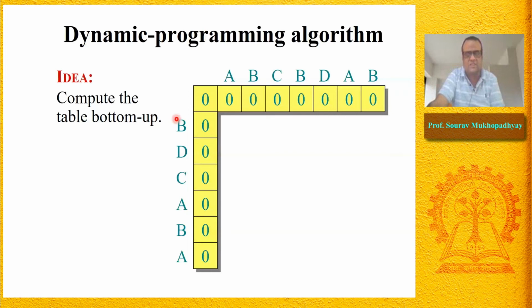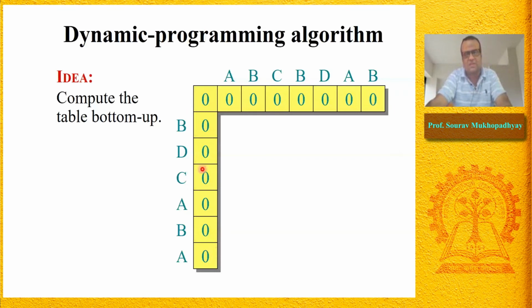Now this is C01, and this is C10. 1 means we have only one x element, but there is no y sequence, so there is no question of a common subsequence because y has not started. So this is C20, C30, like this. This is the 0th column of Cij.